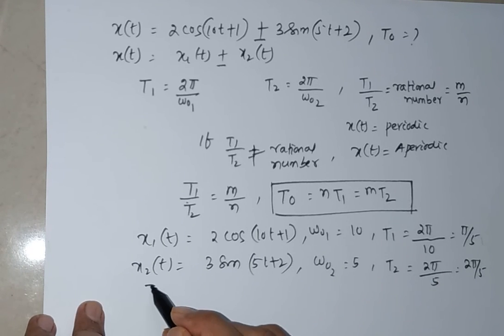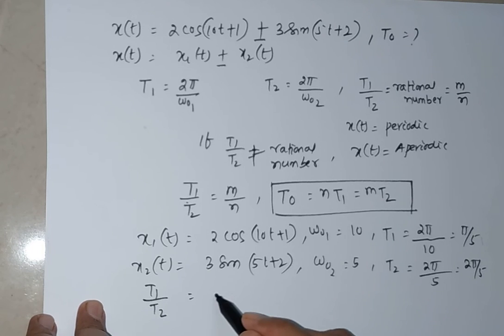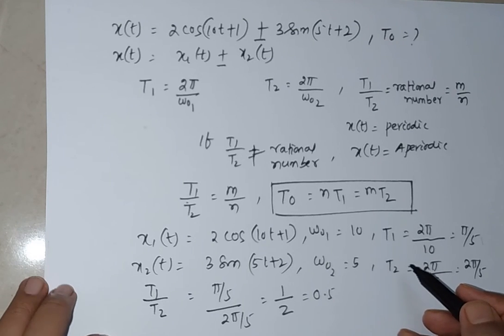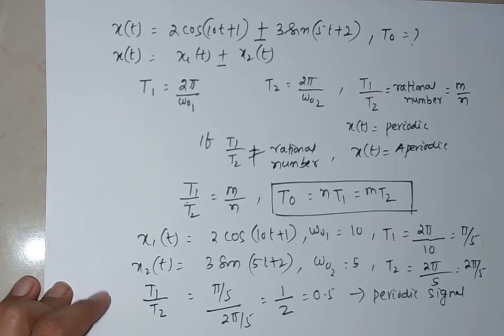Now t1 by t2 equals pi by 5 divided by 2 pi by 5, which equals 1 by 2. So 1 by 2 is a rational number, it is 0.5, simple. So it is a periodic signal.